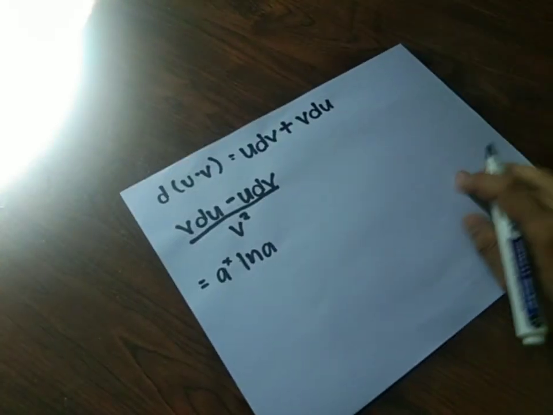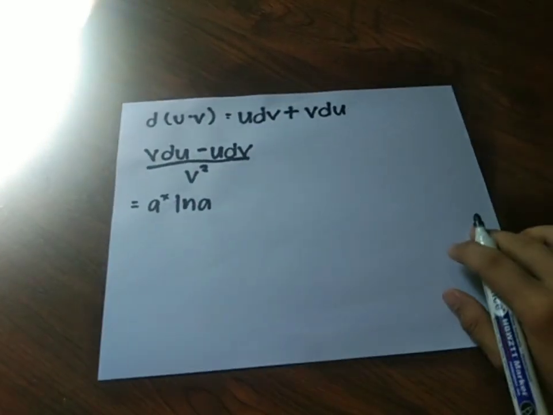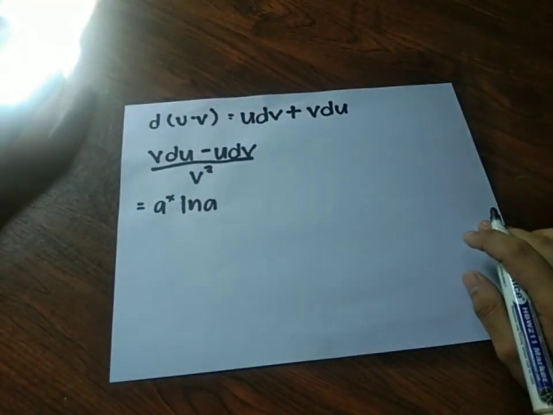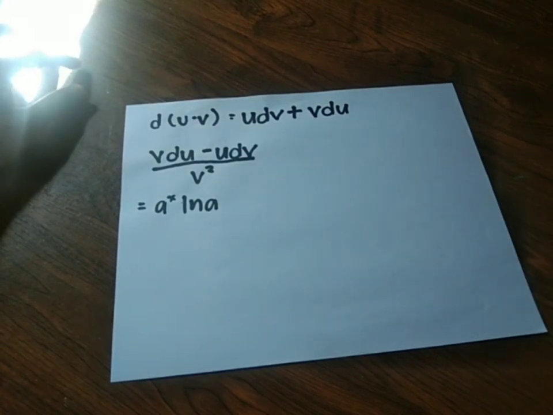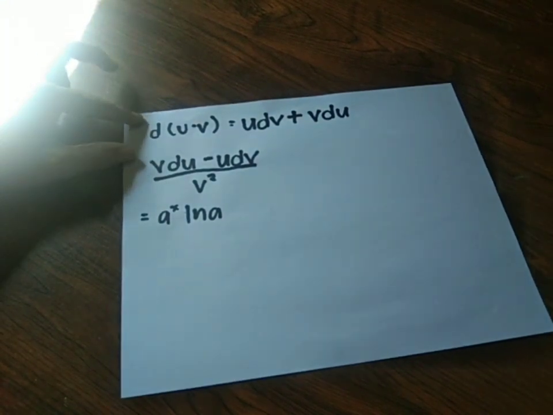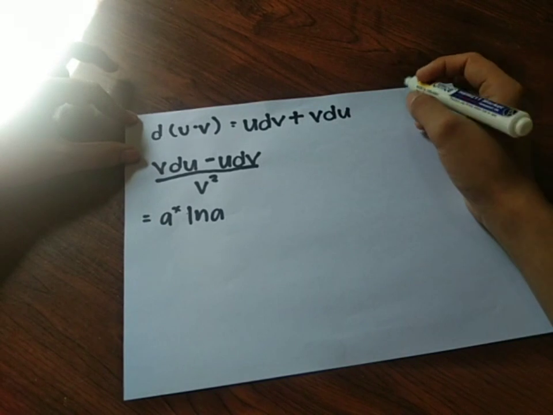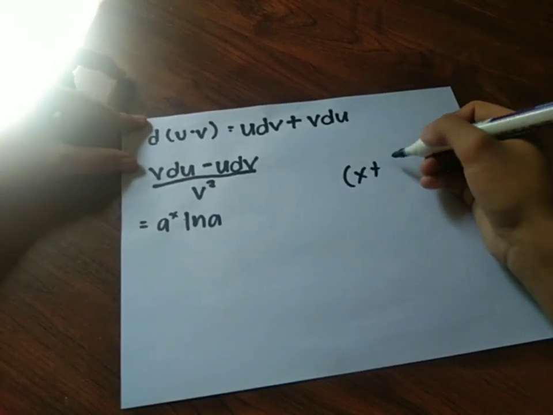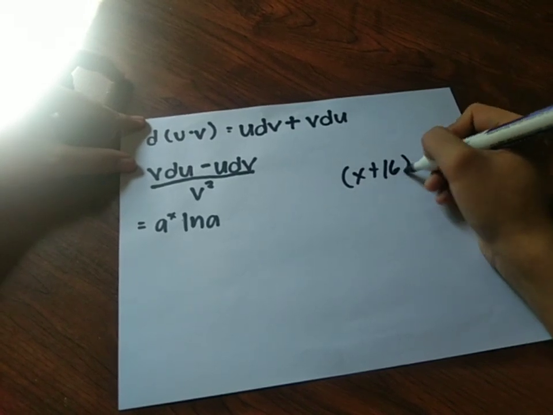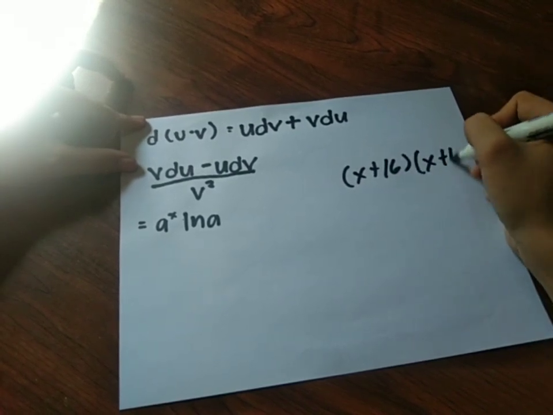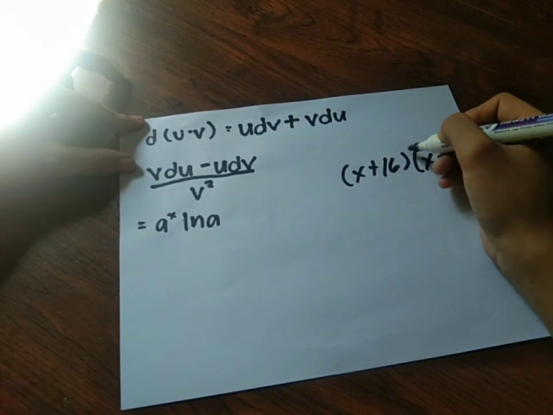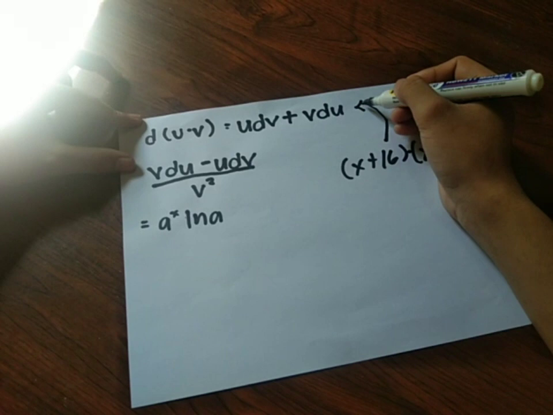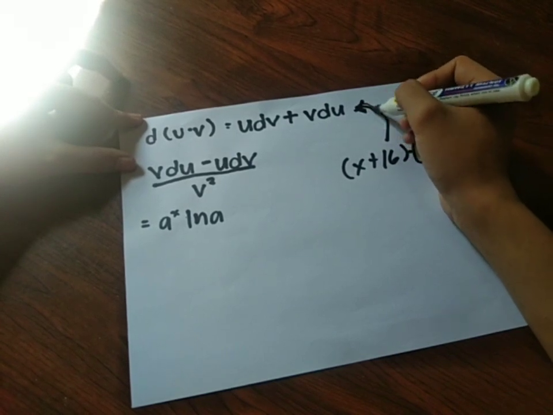Also, additional information: it is more complicated when you are finding the derivative of a function like this: x plus 16 times x plus 16. For the product, you will use the product rule of the rules of differentiation.